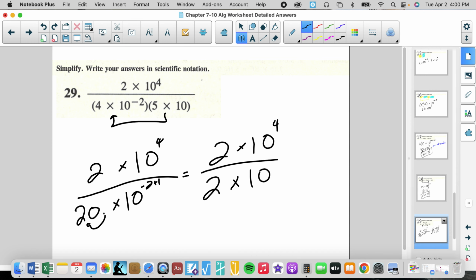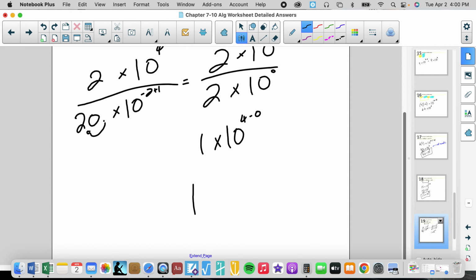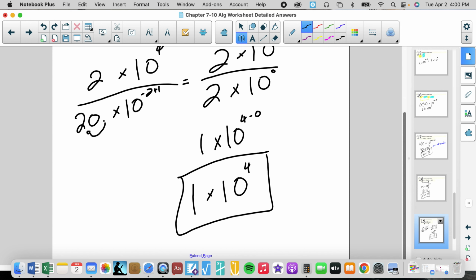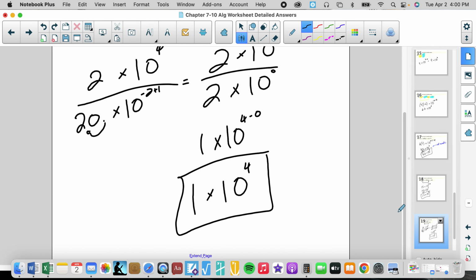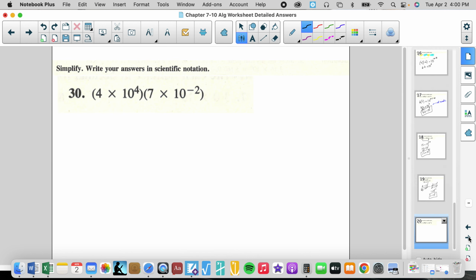That's 10 to the 0. So that equals 1 times 10 to the 4 minus 0, or so that equals 1 times 10 to the 4th. Kind of cool. Kind of neat. I think that's right. Pretty certain.